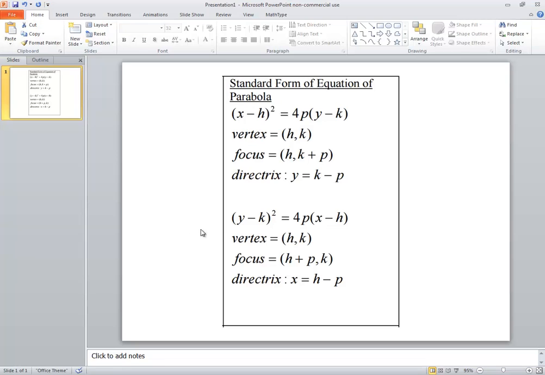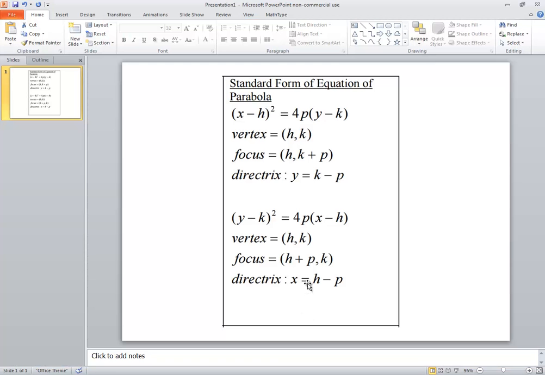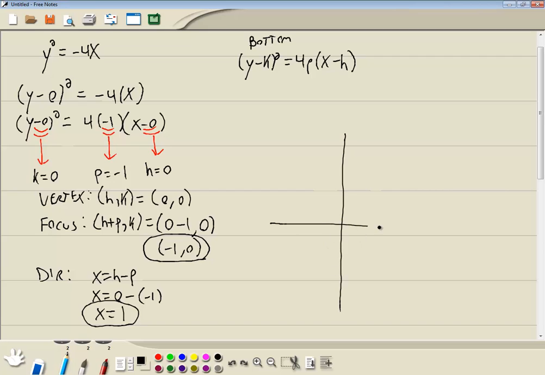Now our directrix. And we're working with the bottom formula again. Our directrix is x equals h minus p. Well, h we said was 0 minus p, which is negative 1. So negative negative gives us x is equal to a positive 1. So now let's graph it.